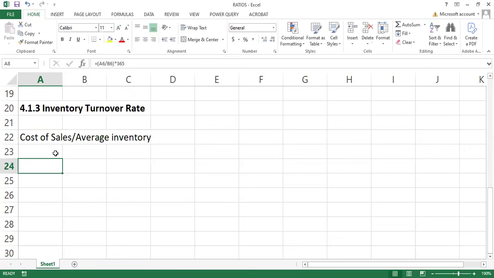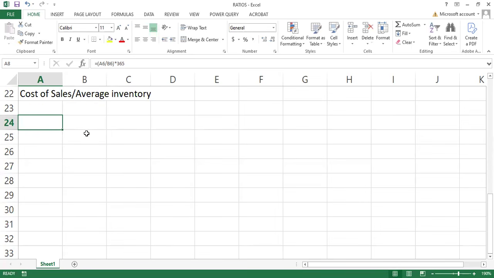Now we need to go to our question paper and try and find our formulas, our amounts. So we go there.